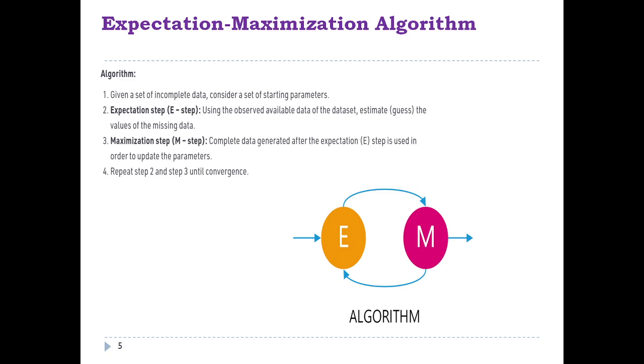So next we'll see the EM algorithm. Here, the first step: given a set of incomplete data, consider a set of starting parameters. We have to take a set of starting parameters, then apply the expectation step, meaning using the observed available data of the data set, estimate or guess the values of the missing data.